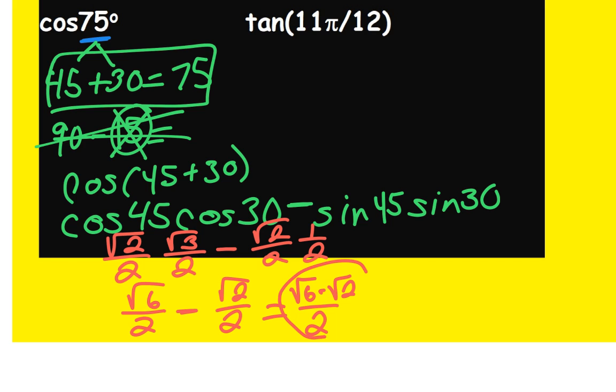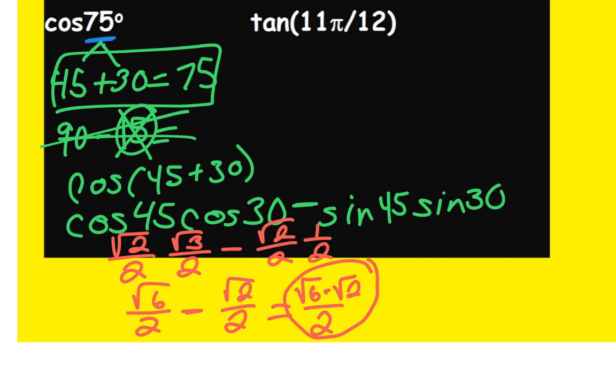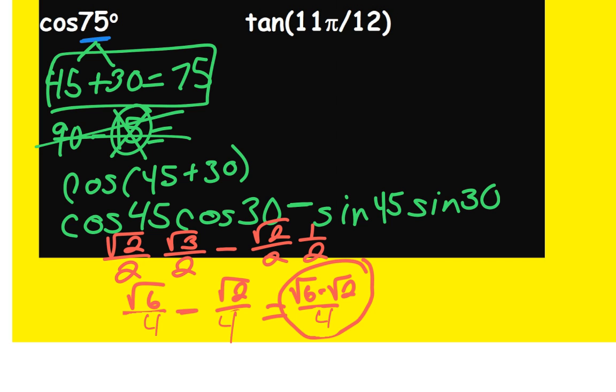You can't go any farther on this because they're not like terms, because the number under the radical is not the same. And right here I just messed up, because 2 times 2 is not a 2. It is a 4. So these should be 4s right here in the denominator. And so you're done.